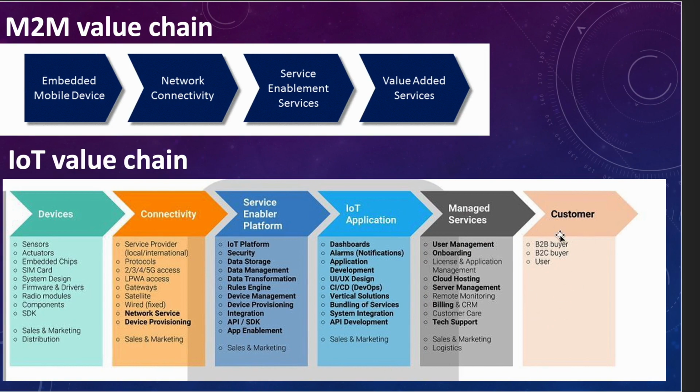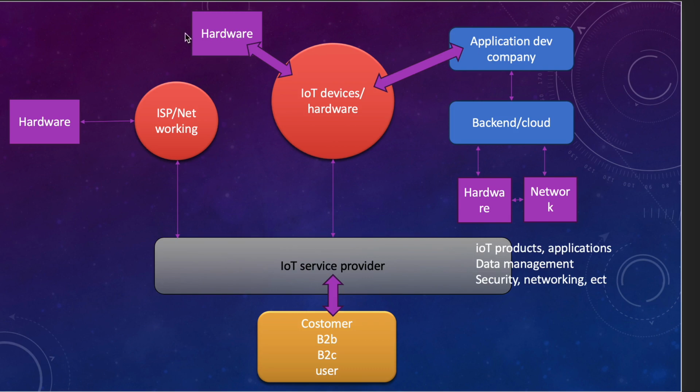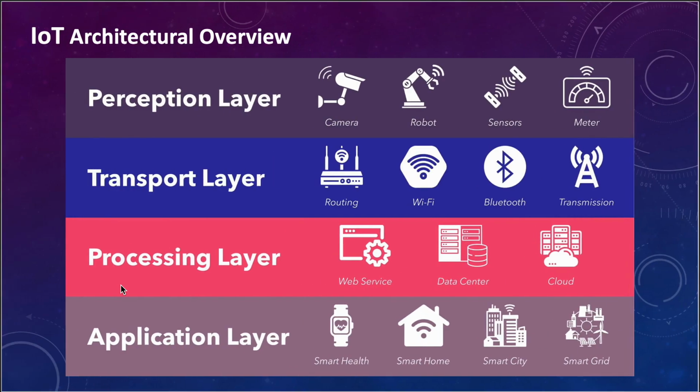On top of that, it would then be the customer, right? Another representation of all these is here, right? You can see that the network layer is managed, right? The devices, the application layer, the backend. So we can see that these things are there on the value chain itself.